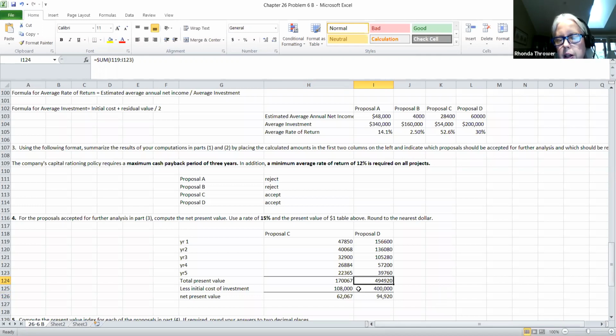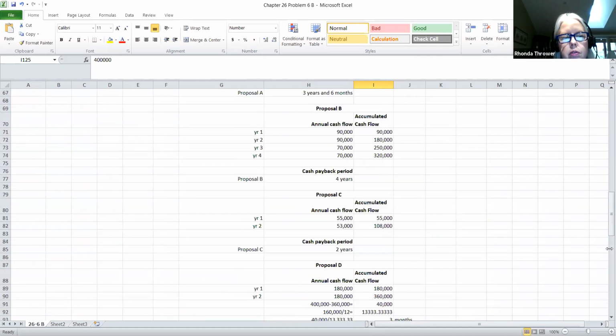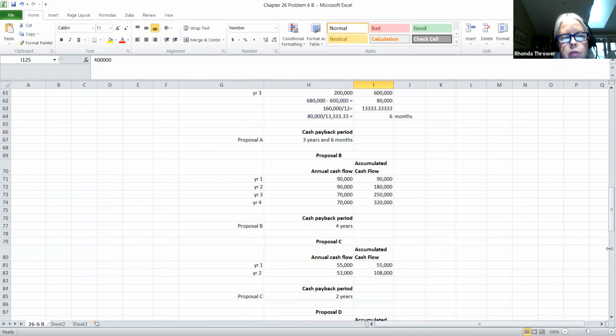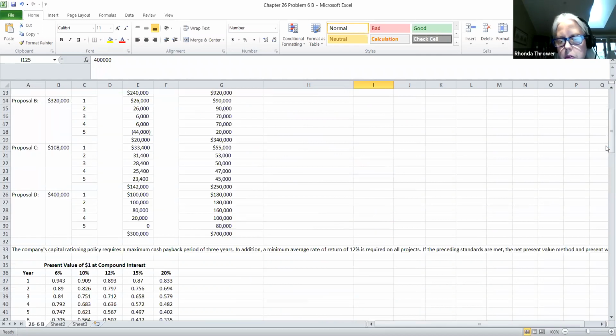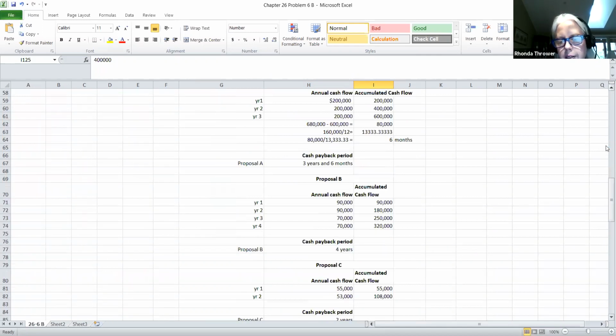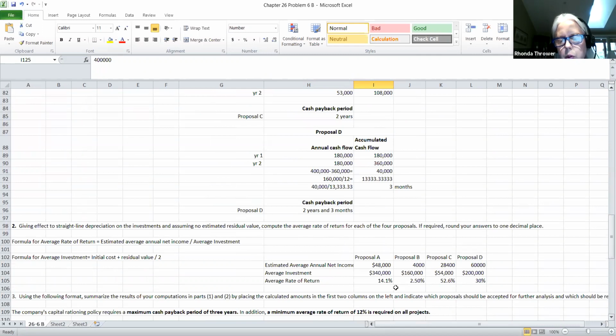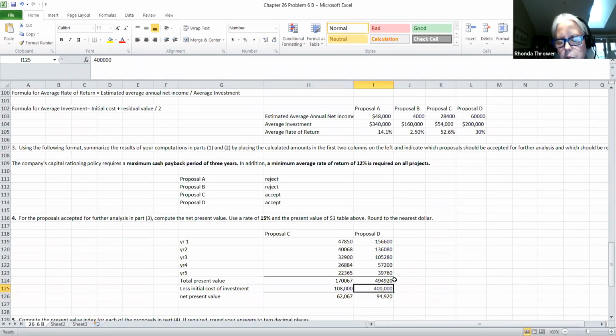We're going to compare it to the initial cost of the investment for proposal D, which was given. This is the cost of the investment, 400,000. And then we compare it to the present value amount. And again, we got a positive net present value of 94,920.